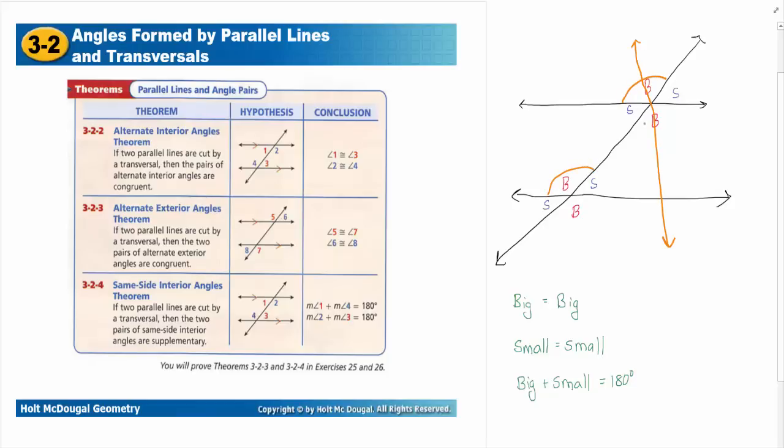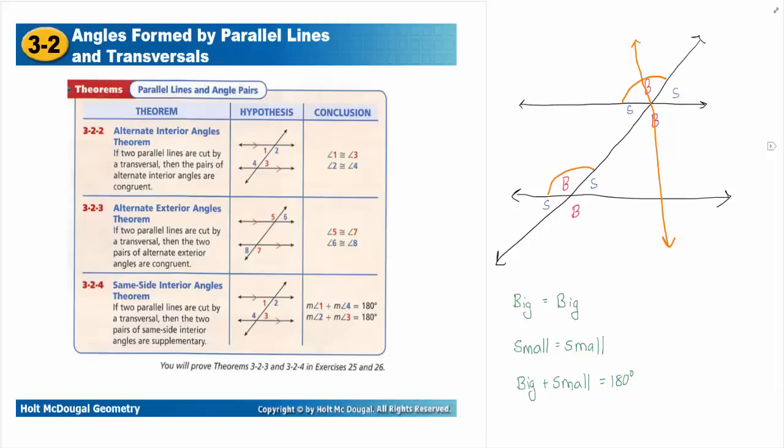Even though I got this transversal in there, you got to, in a way, pretend it's not there, and you can still see that those two angles are congruent because they're formed by the same transversal. Just because there's another transversal doesn't mean that angle's gone away, it just got broken up into two pieces. Okay? So you are going to see that. Make sure you're aware of it when that time comes.